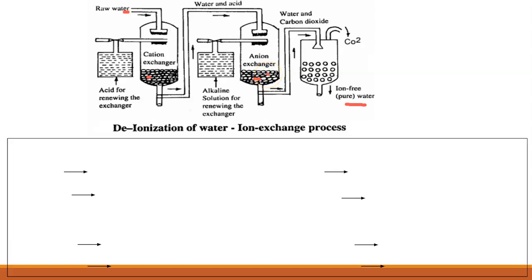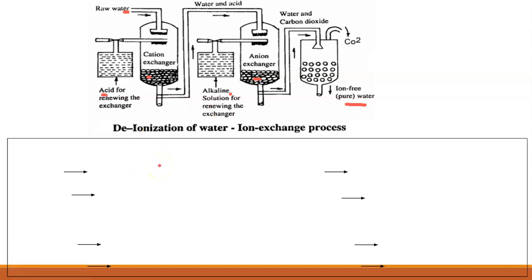So during that time, we need to regenerate those ions. The regeneration is done by using acid for the cation exchanger and an alkaline solution for the anion exchanger. So the cation exchanger is regenerated by using a strong acid, while the anion exchanger is regenerated by using a strong base.